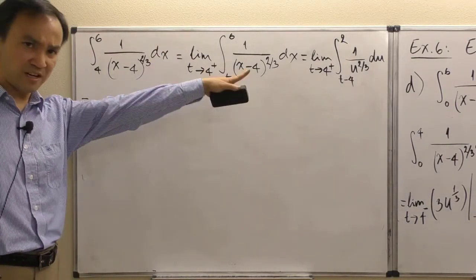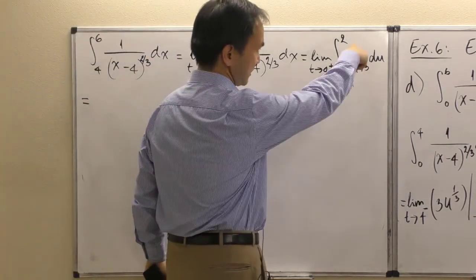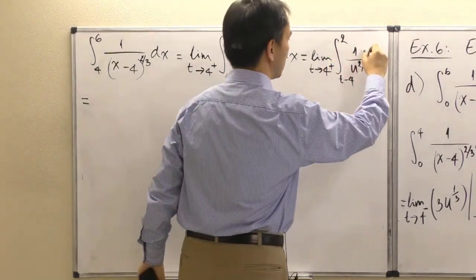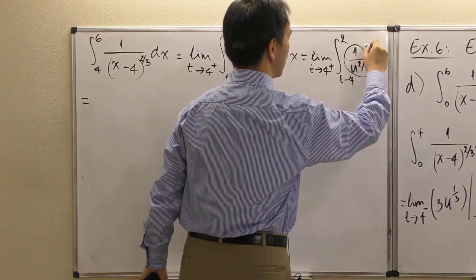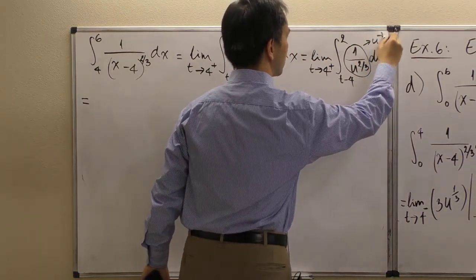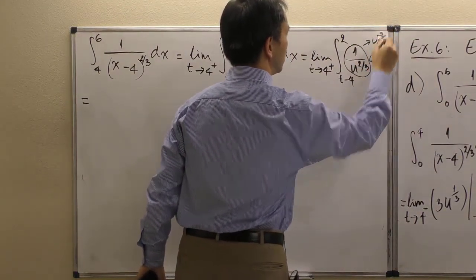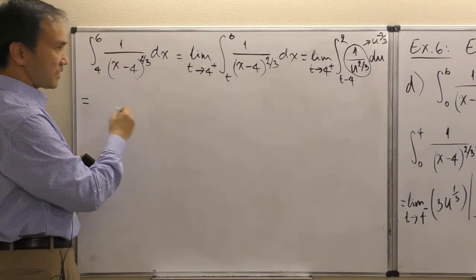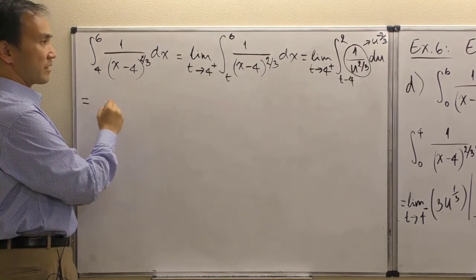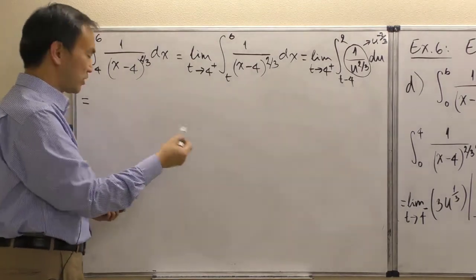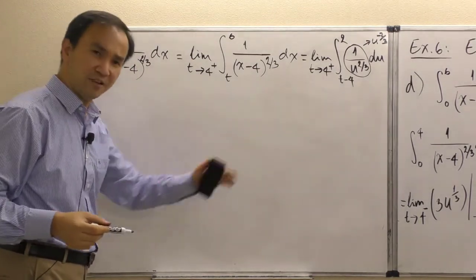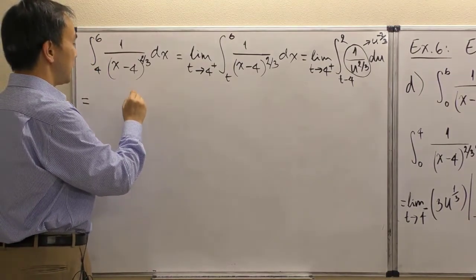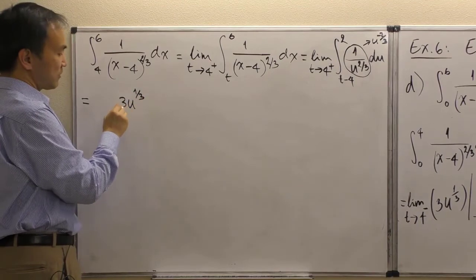So now the fundamental theorem of calculus comes out again, and of course we are seeing this as u to the minus 2/3 power. Once we found the antiderivative, just like how we did in the other half of the problem, we're looking at u to the positive 1/3, and then we multiply by 3.